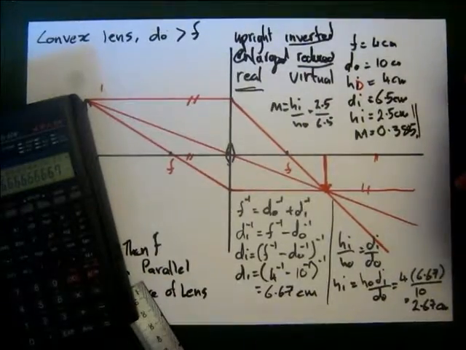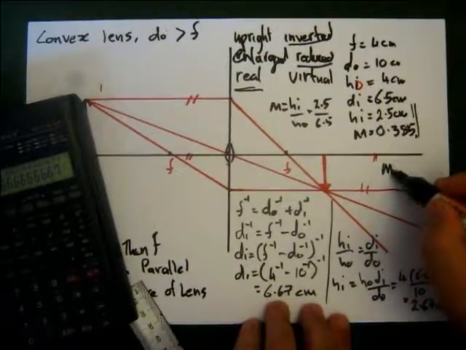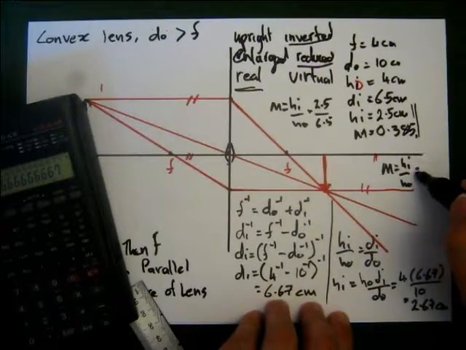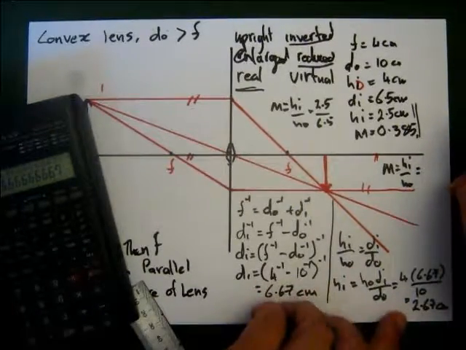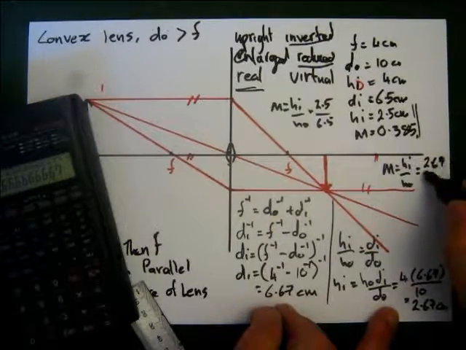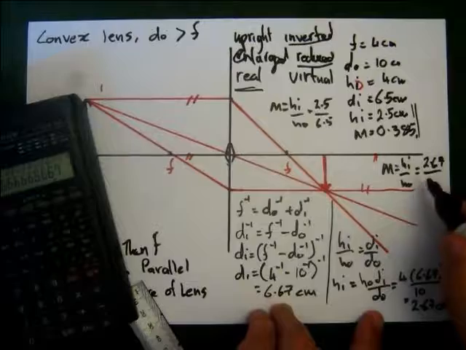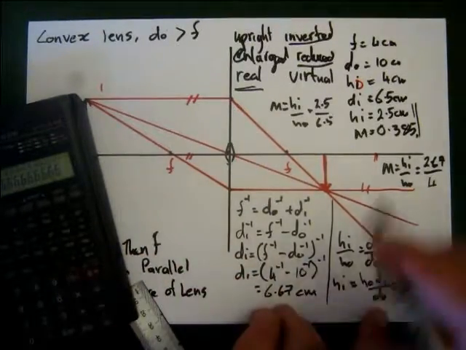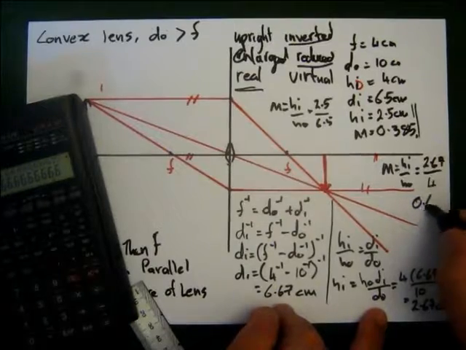And then the last one is M equals HI over HO, what's HI? 2.67 over HO 4 equals 0.667.